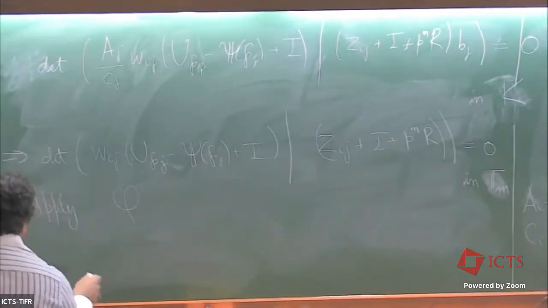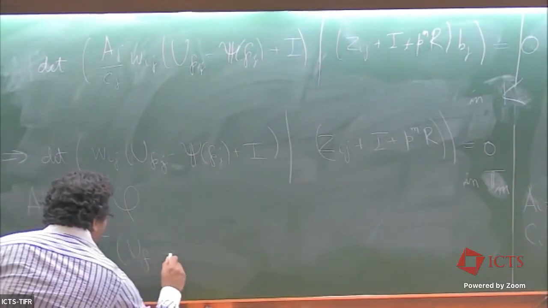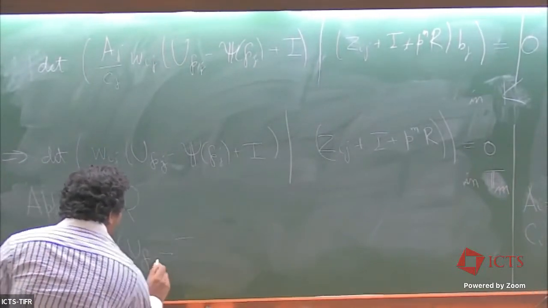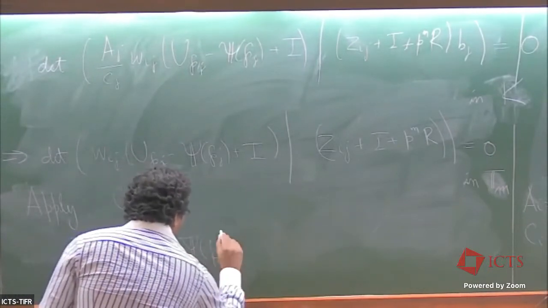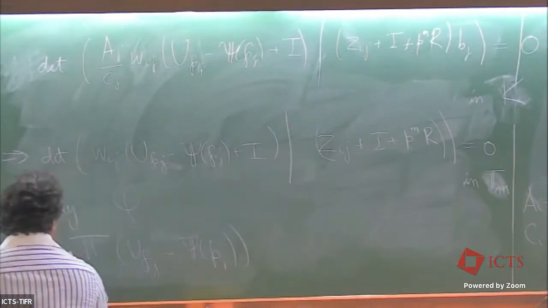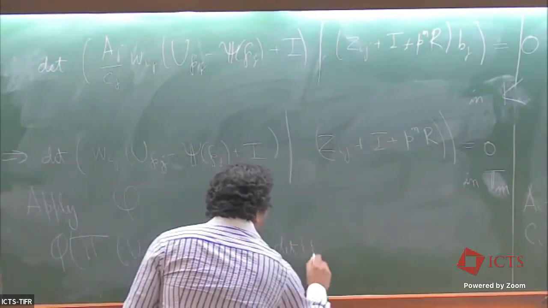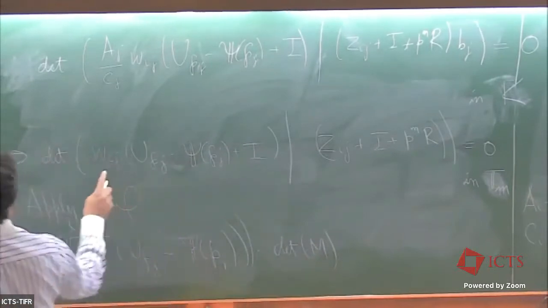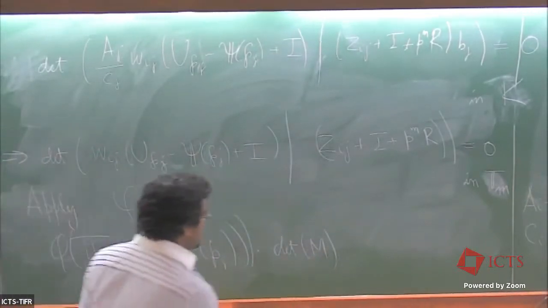And what you actually get is the product of U P_i minus, okay, maybe I'll stick to this, psi P_j, phi of this thing, times the determinant of the original thing that you had with the W_ij's and Z_ij's.